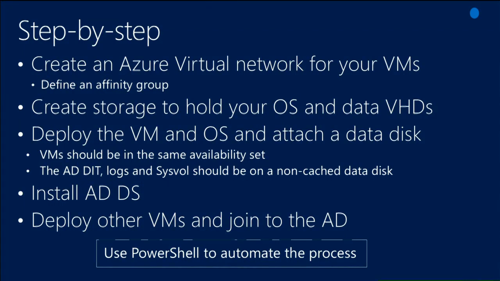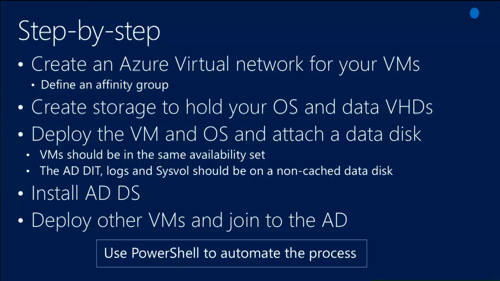But when we're building this infrastructure, we need to create a virtual network where we sit our DCs, maybe our web servers, our SQL servers, or anything else you want to use. So that's key number one. You need to create a storage account to hold the OS and the data VHDs.